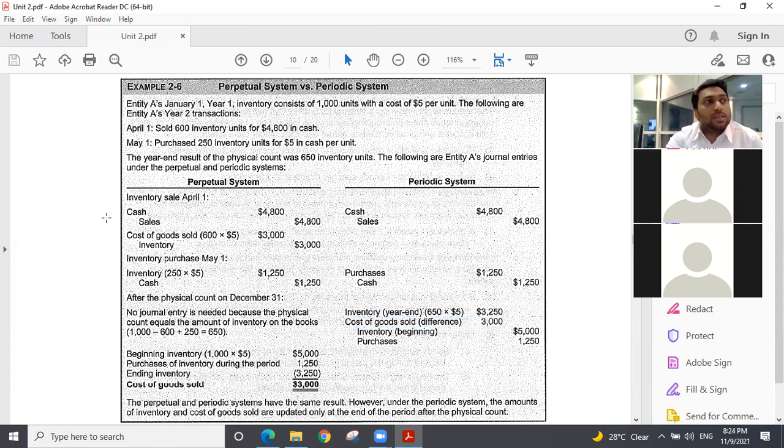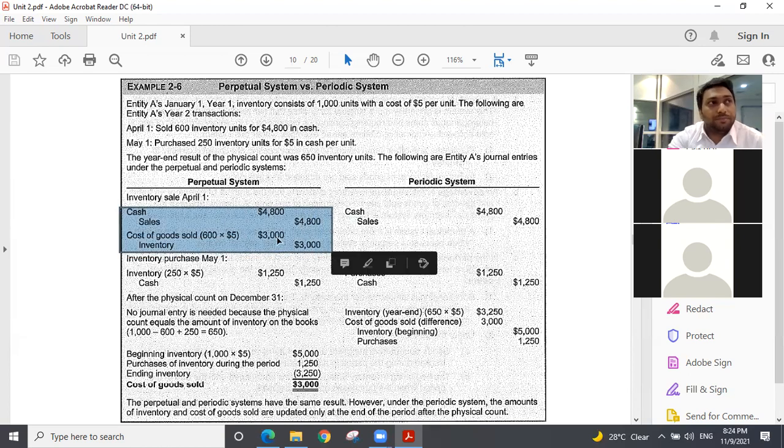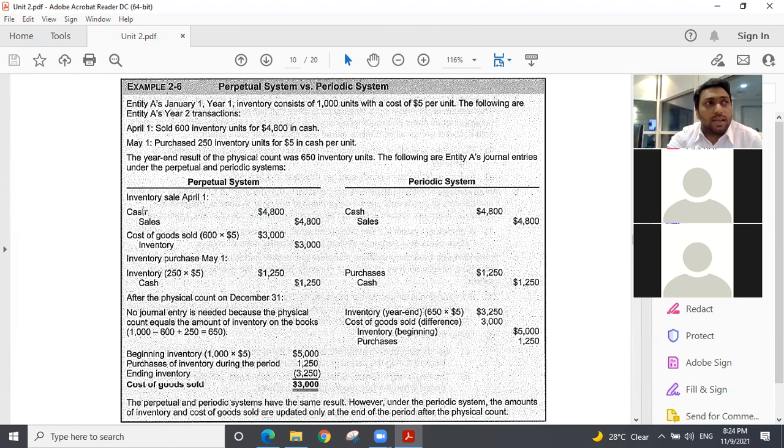But in perpetual system, when you do the sales, there is two things happening. One is you record a sale, cash account up to the sales, and you're removing inventory also from your books. Okay, got it. When you remove the inventory, that cost is hitting the cost of goods sold, COGS. And when you purchase, what happened? Inventory account up to cash, not purchase account up to cash. Inventory is hitting. Clear?